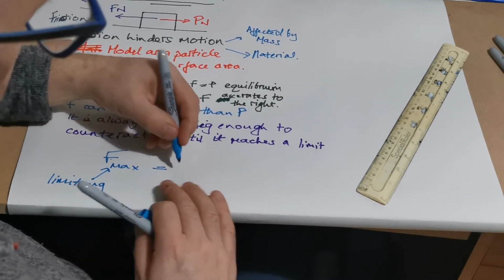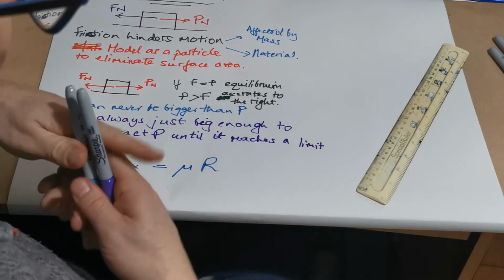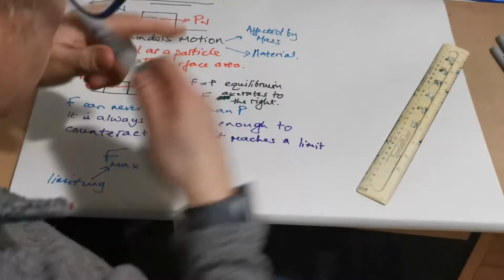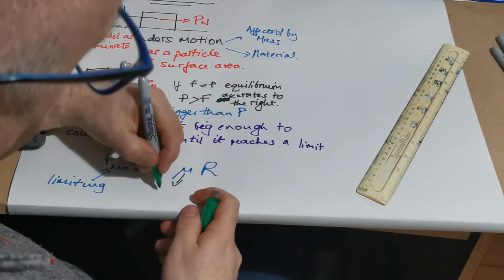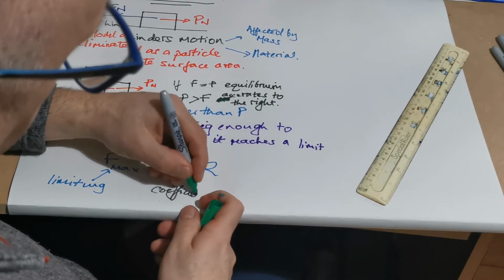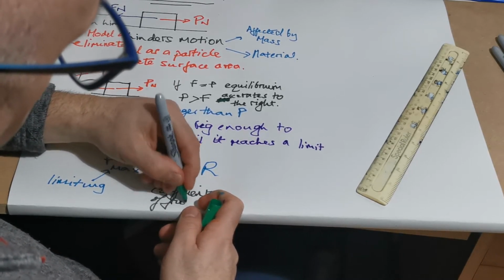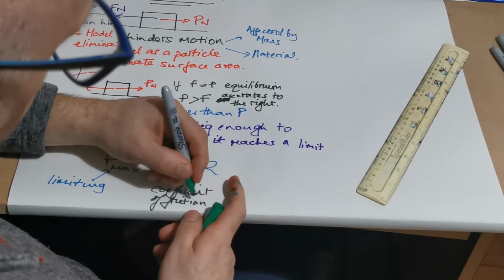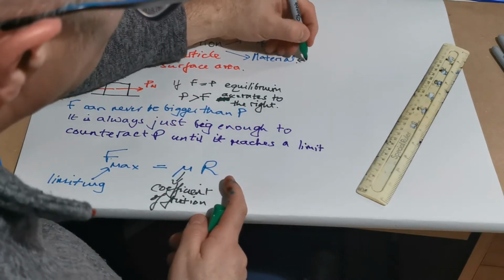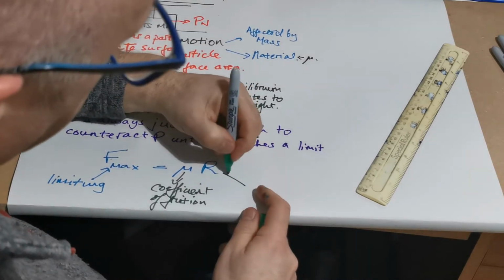And that is equal to mu R. Now mu is the coefficient of friction, and that relates to the material, and R is the reaction force.